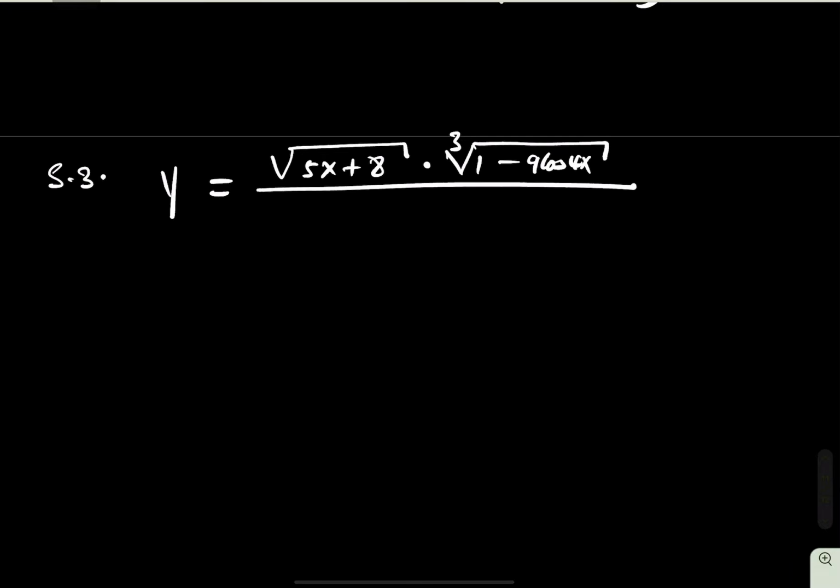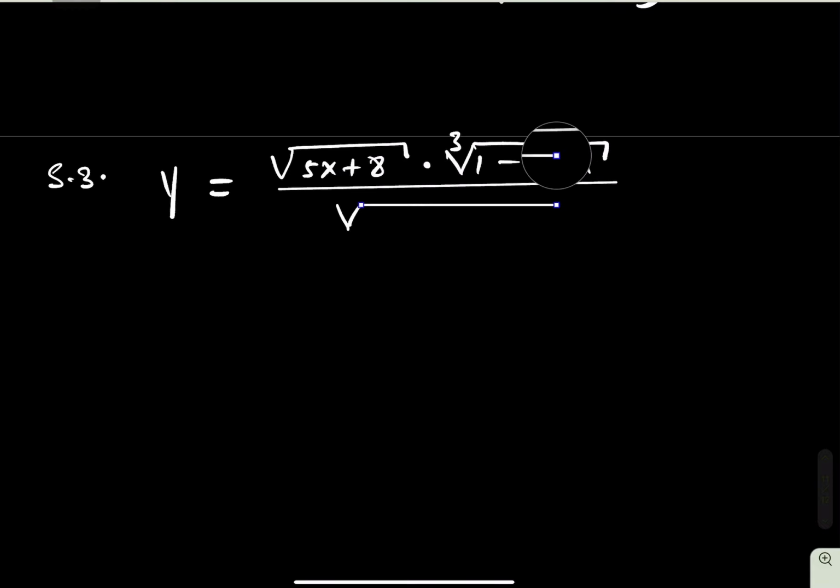So we are going to get y equals the square root of 5x plus 8 multiplied by the cube root of 1 minus 9 cos of 4x divided by the fourth root of x squared plus 10x.